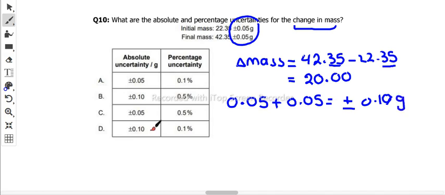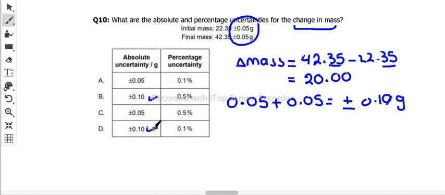So if you've got two absolute uncertainties and you add or you subtract, you need to add these two absolute uncertainties. Adding them up, my final answer is either B or D.